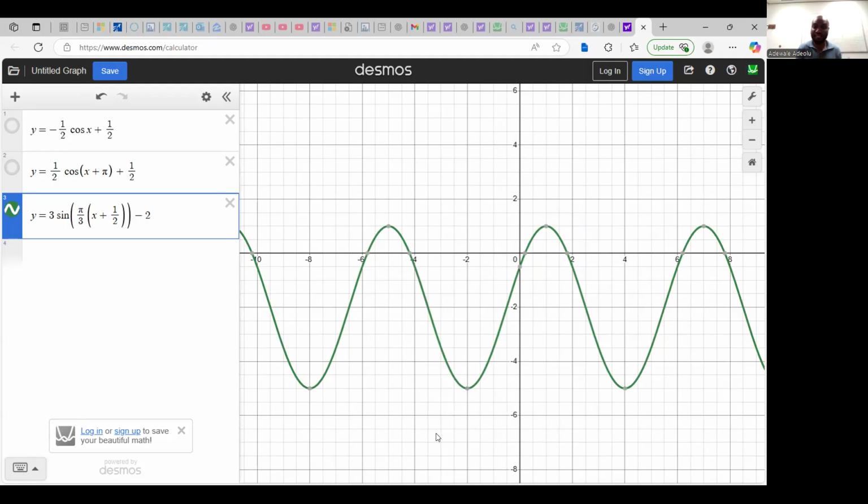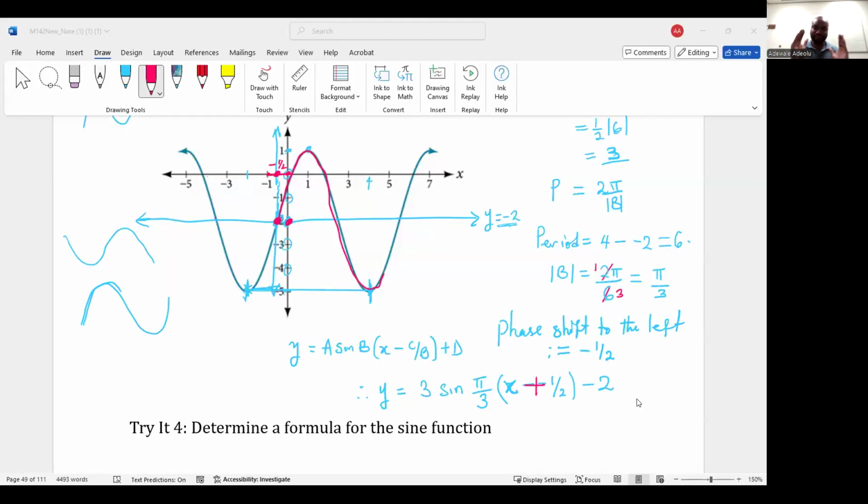So we have the same thing. If you create that same equation using, let's say, cosine, you will get that same graph in decimals. So that is that.